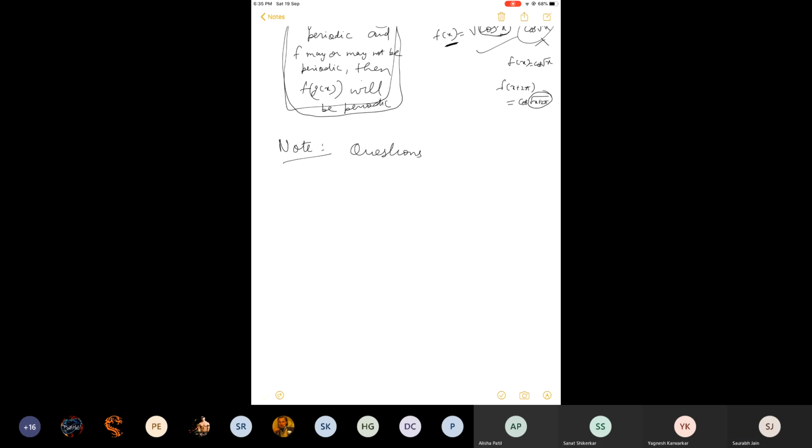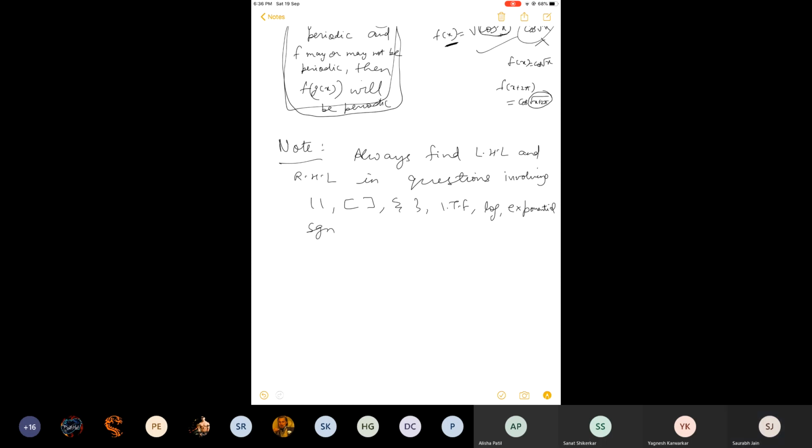Always find LHL and RHL in questions involving modulus, greatest integer, fractional part, ITFs, log, exponential, signum, piecewise.